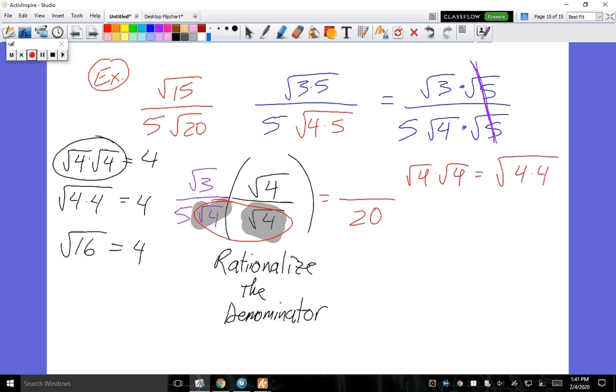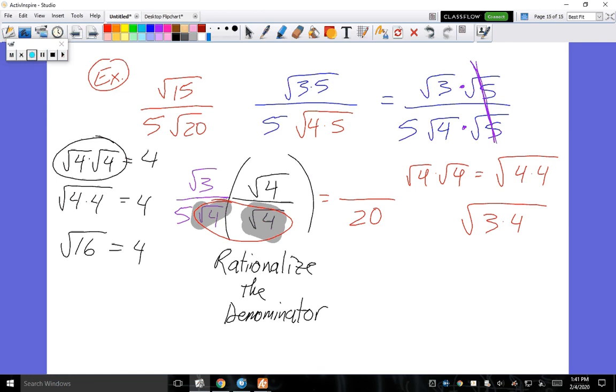Now let's look at the top. What's root 3 times root 4? It's the same as this, right? From a rule that we learned that you put an asterisk by.